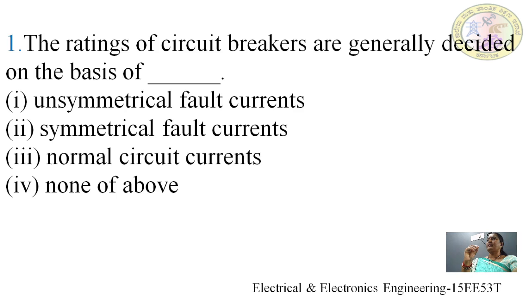Dear students, along with this, let us discuss some of the multiple choice questions that may be frequently asked. Let us first look at the question. Here the rating of the circuit breaker is generally decided on the basis of: unsymmetrical fault current, symmetrical fault current, normal circuit current, and none of the above.